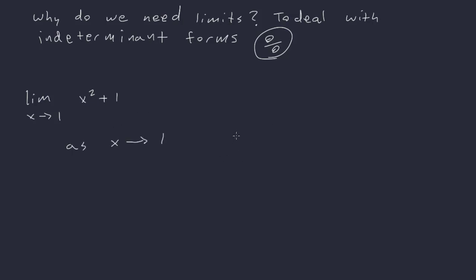As x gets closer and closer to 1, x squared plus 1 will get closer and closer to 1 squared plus 1, which is 2. There's not really a lot to talk about here if we have something that exists. So f of 1 in this case would be 1 squared plus 1, which is 2.